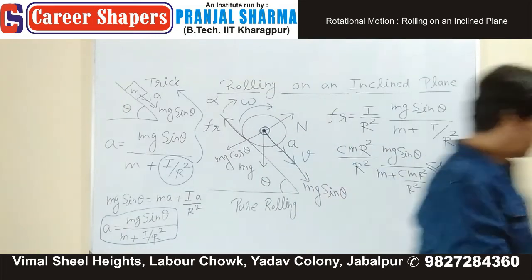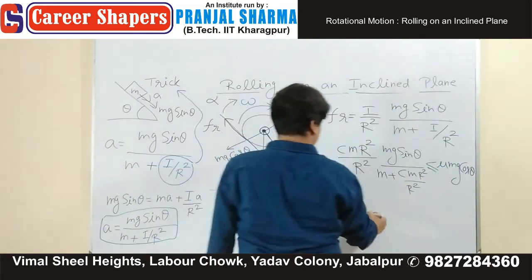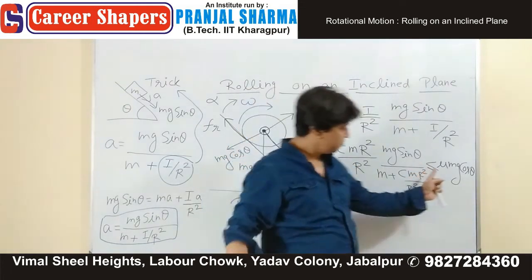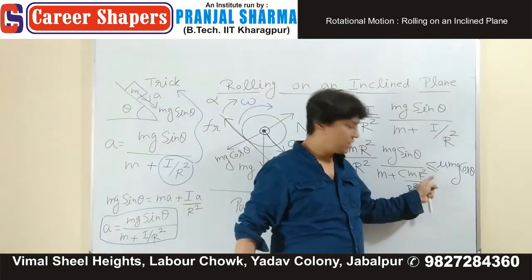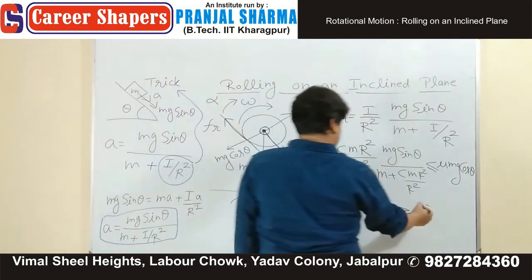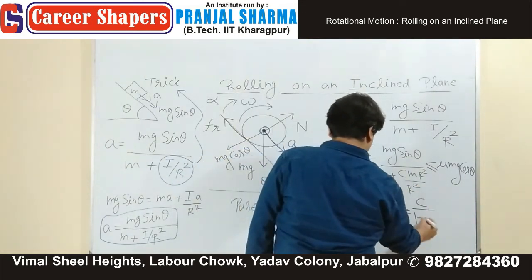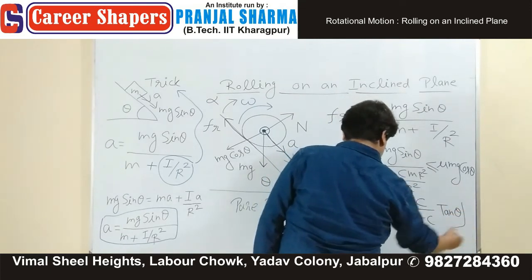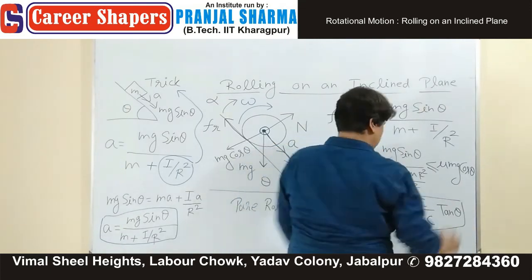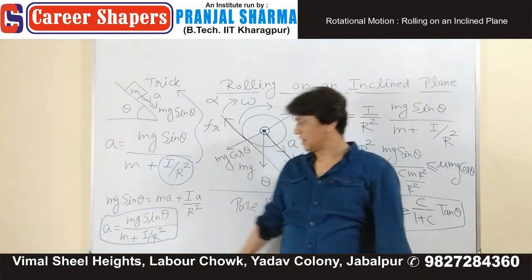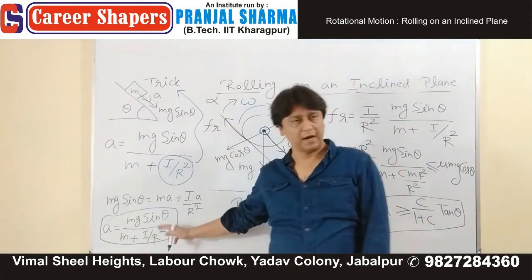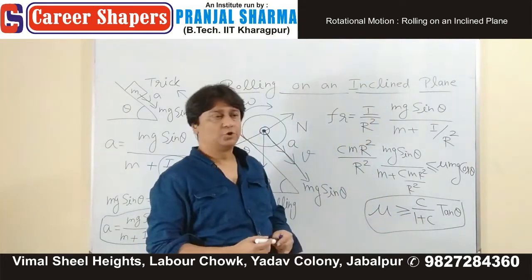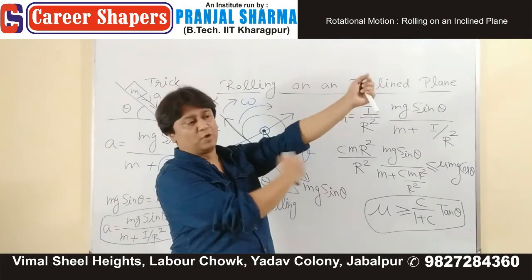It will look like this. Mu should be greater than or equal to C upon 1 plus C tan theta. Another result for rolling on incline. These are the two results. One is A, the second result is this: mu should be greater than or equal to C upon 1 plus C tan theta.